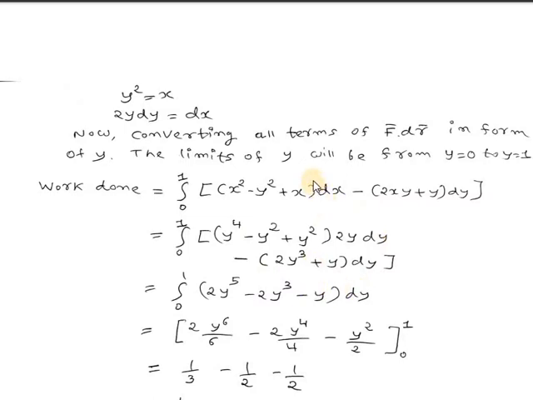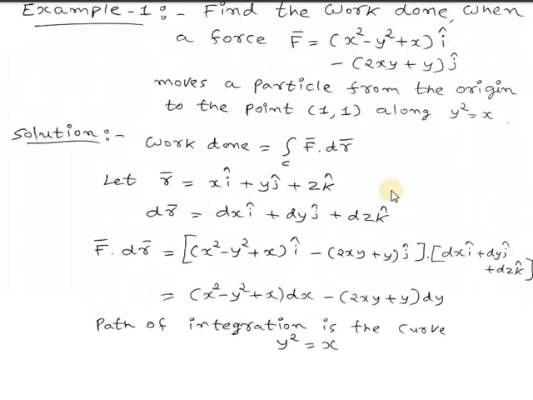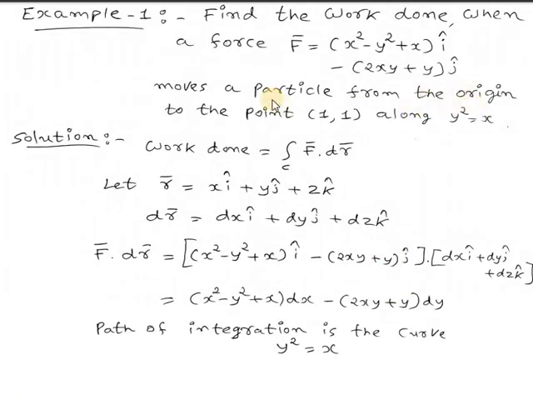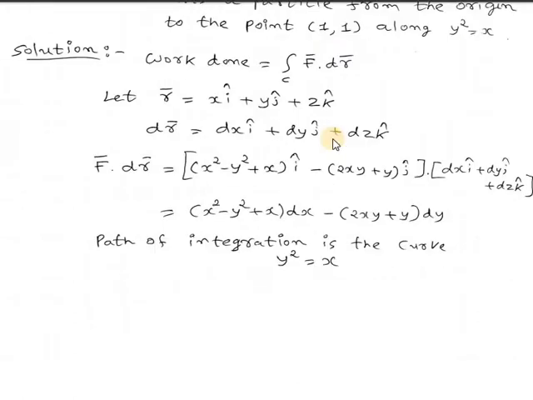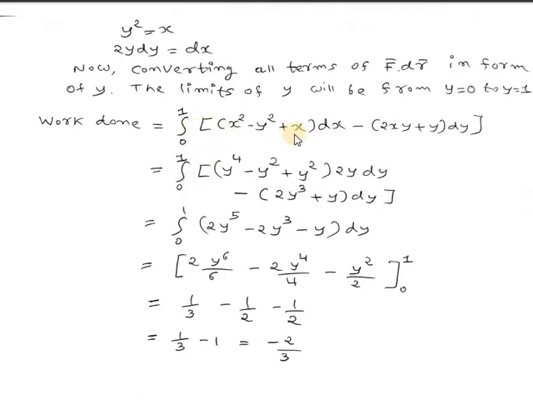Here we are converting in the form of y, so the limit of y will be from 0 to 1, because we have to integrate from the origin to the point (1, 1). The y coordinate will be 0 at the origin and 1 at the point (1, 1).